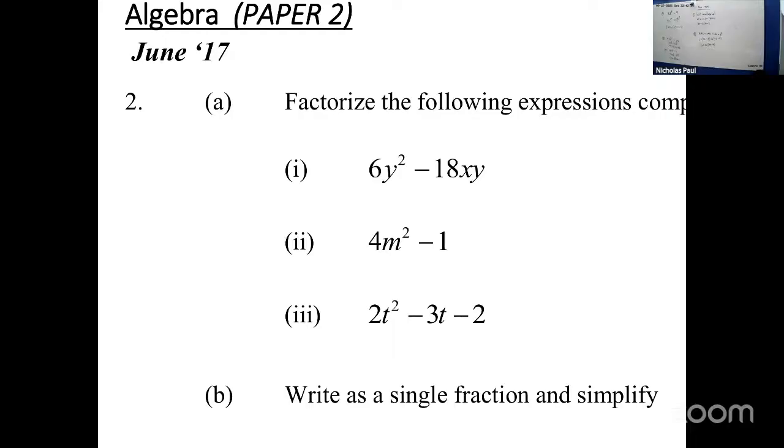Can we use difference of two squares on part 1? No, because nothing squared will give us 6, nothing rational. So for the first part we could factor out 6 and y, and you'll end up with y minus 3x.